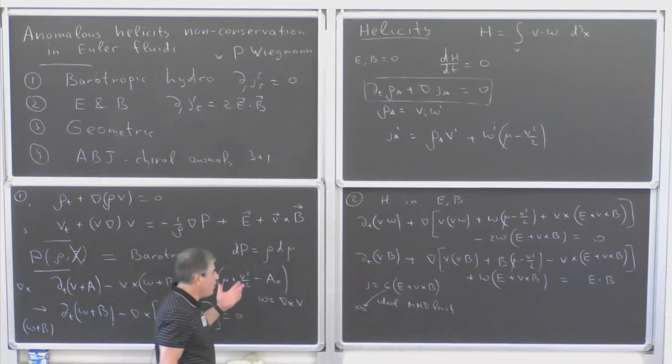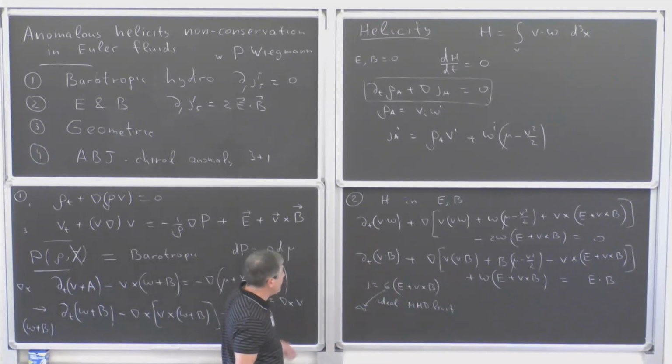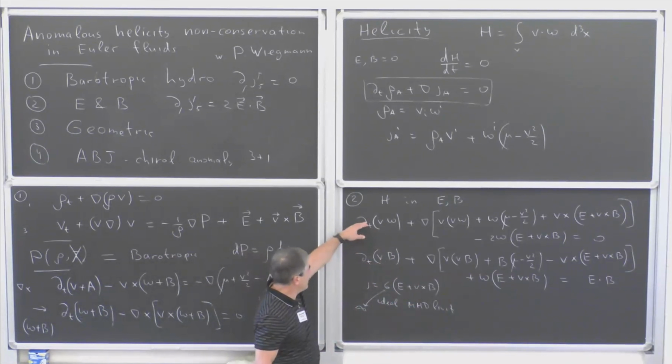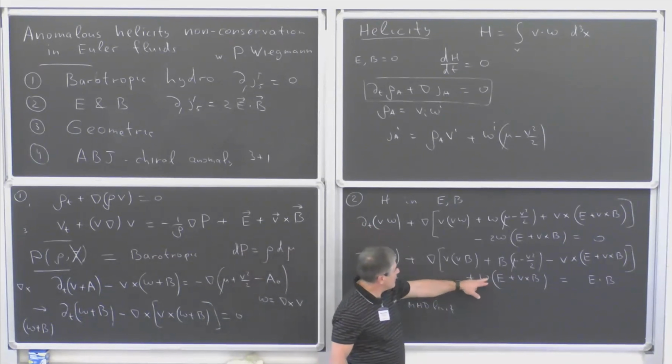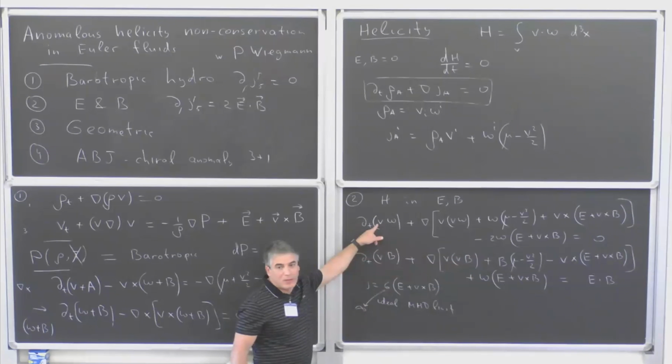Okay, now I'm doing something really obvious. I'm saying that, okay, look, they're almost conserved except for these extra terms. So let me multiply this by 2 and add it to this.